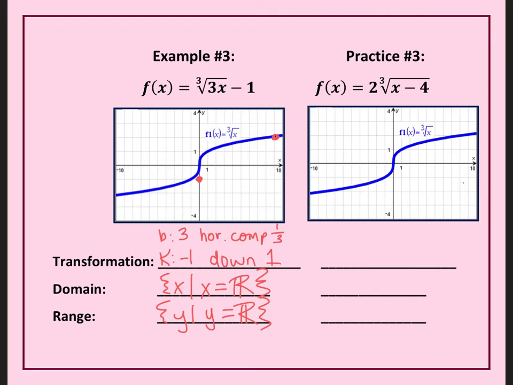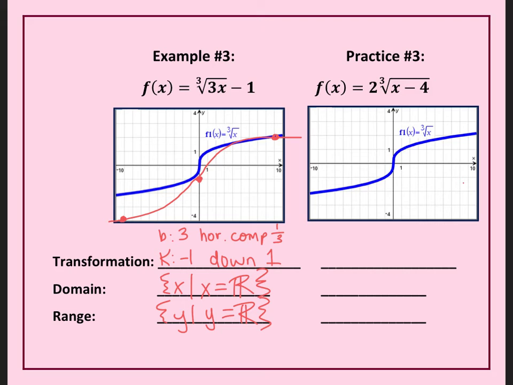When x is negative 9, so if I plug a negative 9 in there, I get negative 3 right here. Negative 3 minus 1 is a negative 4. So this graph is going through this point, up through this point, and turning. So this is a horizontal compression, which also looks like a vertical stretch.